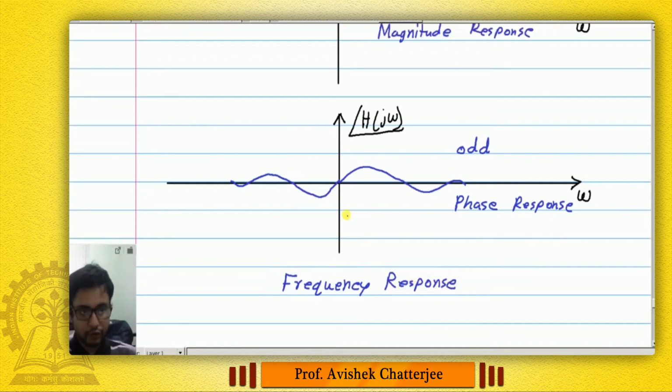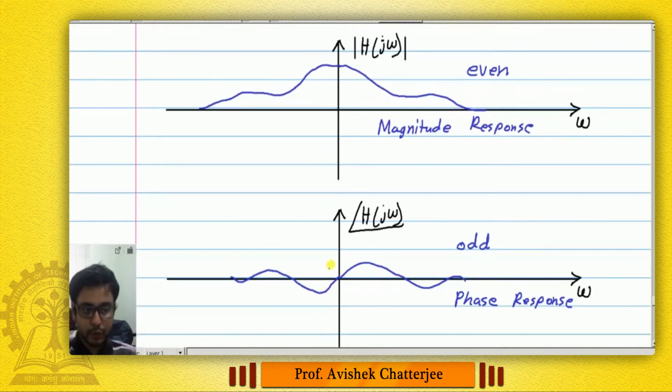If you have these two graphs at your disposal, then you know the value of H(jω), the Fourier transform of the impulse response, for all possible frequencies, and you can calculate output for different possible inputs. So this frequency response contains all the information required about an LTI system.